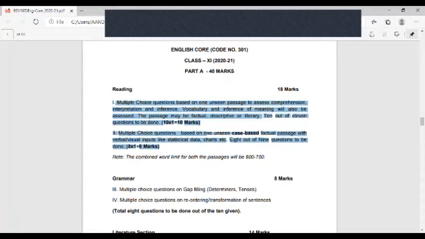Any kind of essay or article can come on this particular Roman letter 1 and 2. In this format, the first Roman letter 1 will have 10 MCQs for 10 marks. Each question will carry 1 mark each. So 10 into 1 is equal to 10 marks.